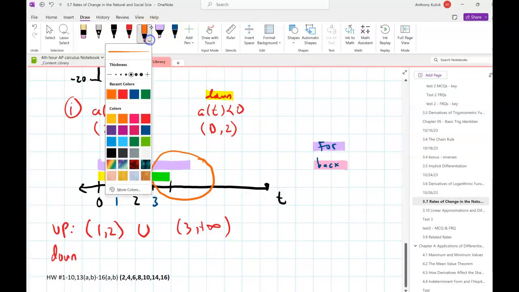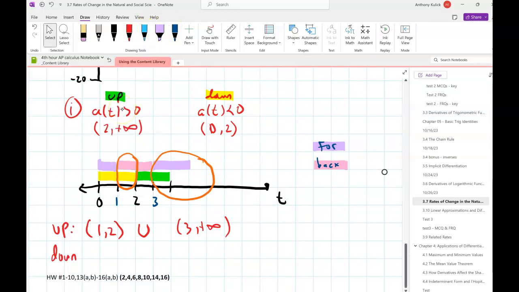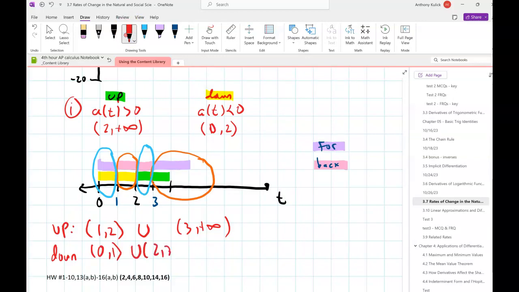And then the slowing down is going to be the opposite pieces. Okay. So speeding up. Just think about like you're in your car. You put your car in reverse.